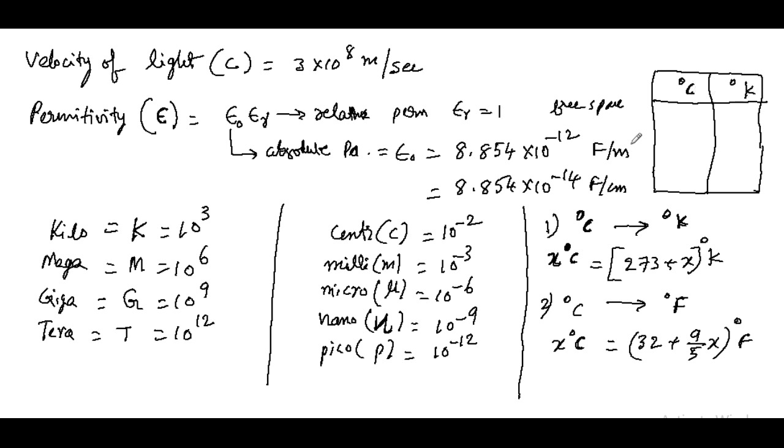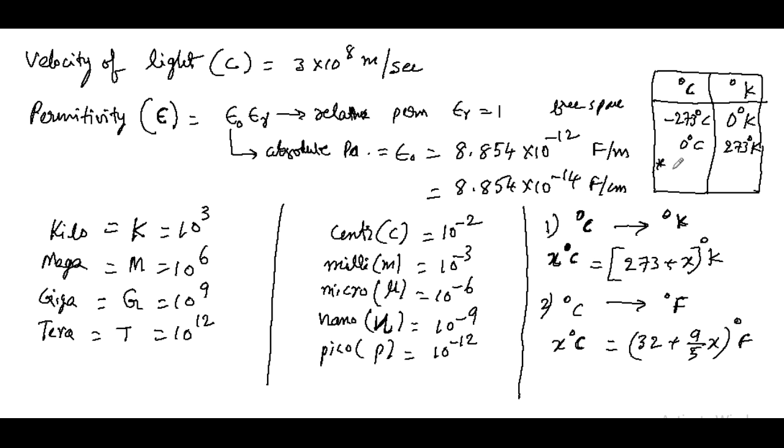If the value is 0 degree kelvins, in terms of centigrades this becomes minus 273 degrees Celsius. From the formula we can write all this. And 0 degrees Celsius becomes 273 degree kelvins.